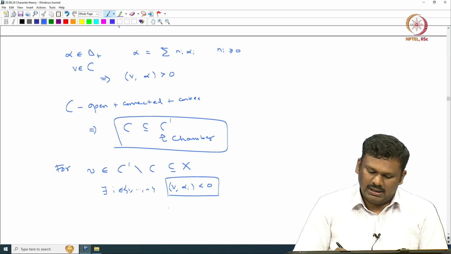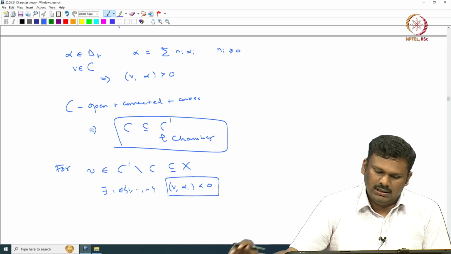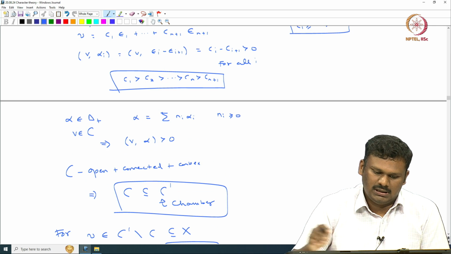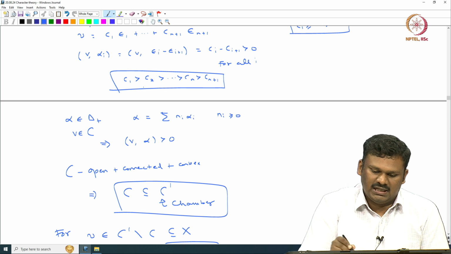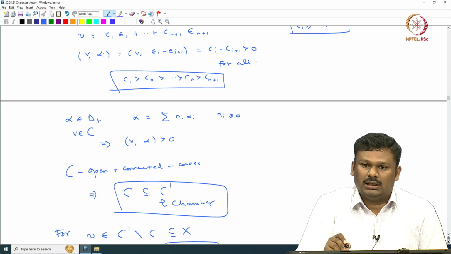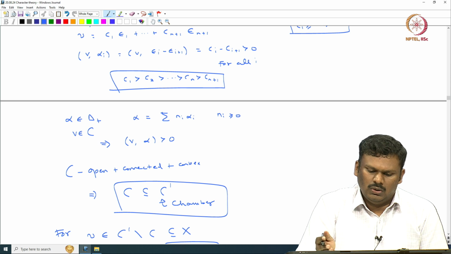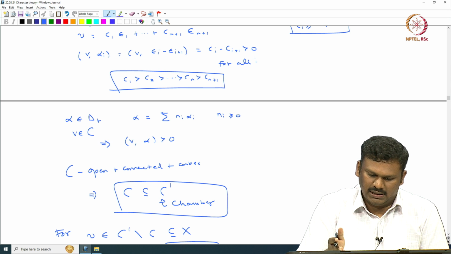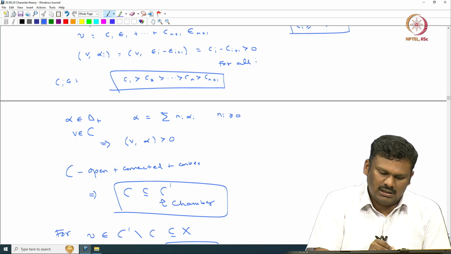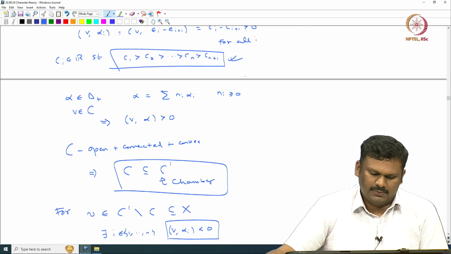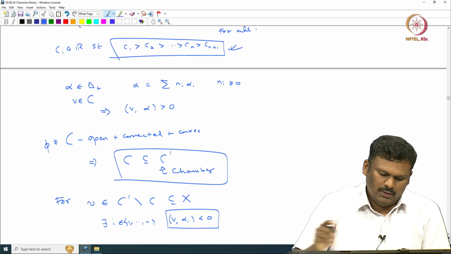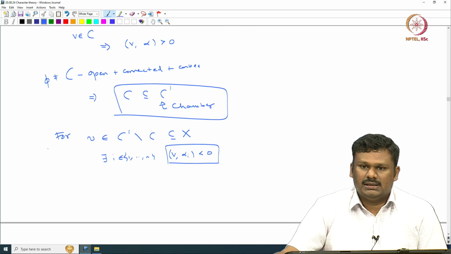Then this is a contradiction, because C is indeed non-empty: C is given by all these c_1 etcetera c_{n+1} which satisfy the inequality c_1 greater than etcetera greater than c_{n+1}. You can take any real numbers like this, the c_i's being reals such that this inequality is satisfied. So, that means C is non-empty, but we know that if 2 points lie in the same chamber, they must lie on the same side of the hyperplane.